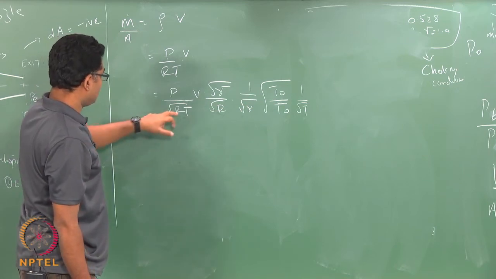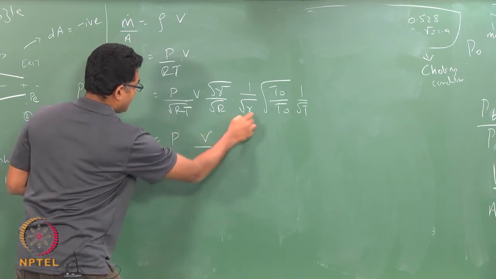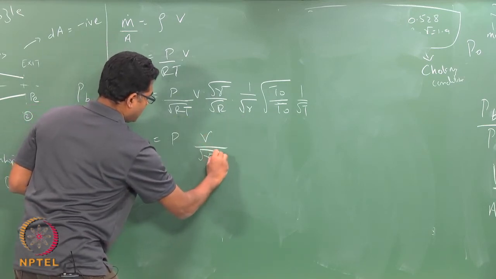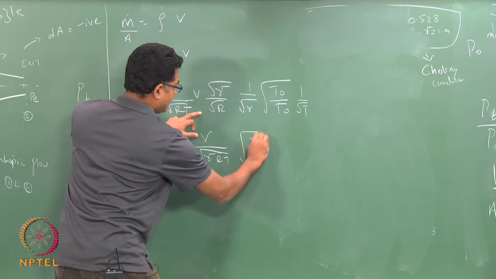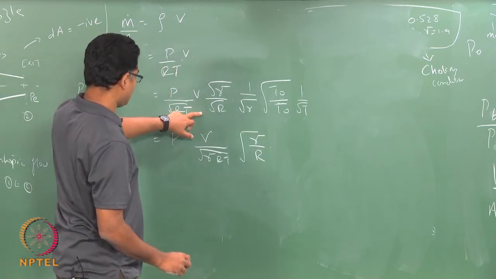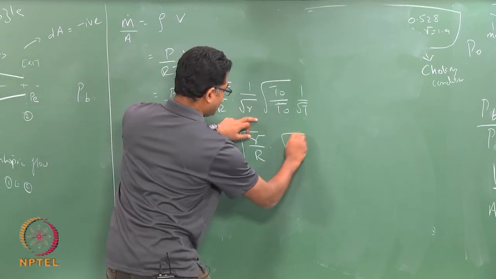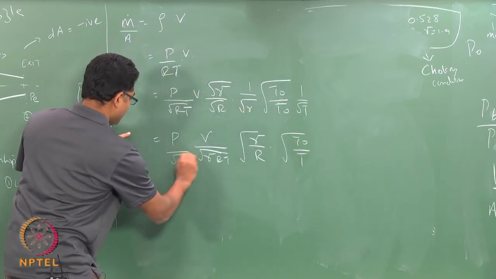So, V by root gamma RT would be my M. I write gamma by R here, and then root T0 by T, and I take that root T0 here.